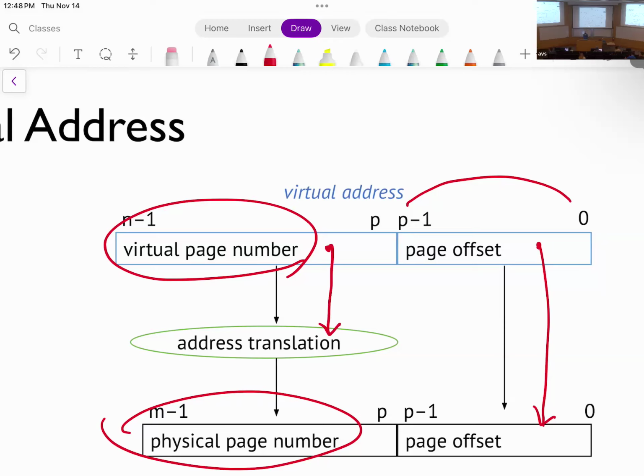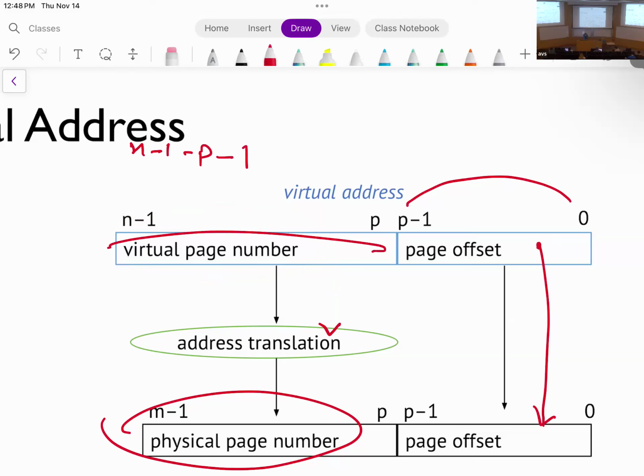As you can see, essentially the translation is translating an n minus 1 minus p bit number, I think there's another minus 1 here, to an m minus 1 minus p minus 1 number here.